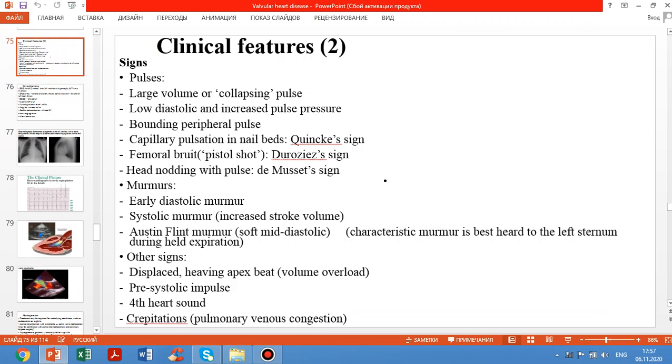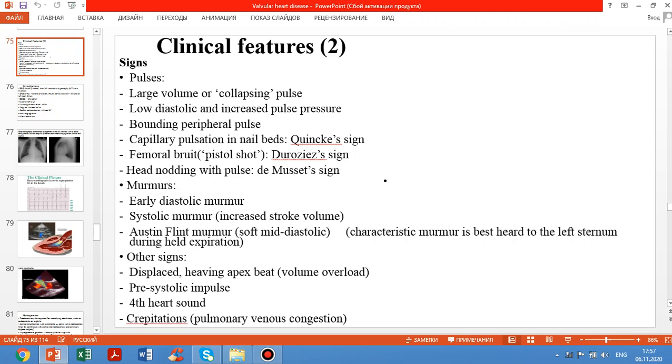Clinical features, signs: pulse changes, large volume or collapsing pulse, low diastolic and increased pulse pressure, pounding peripheral pulse, capillary pulsation in the nail bed with Quincke's sign, femoral bruits, pistol shot with Duroziez sign, head nodding with pulse, the de Musset sign.